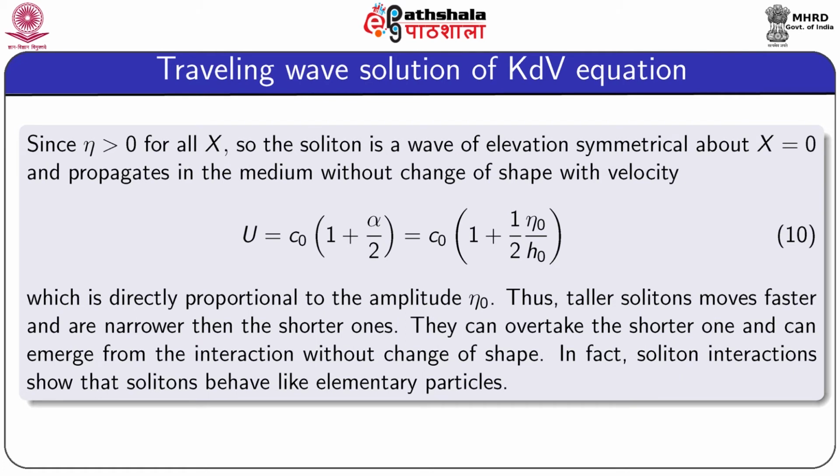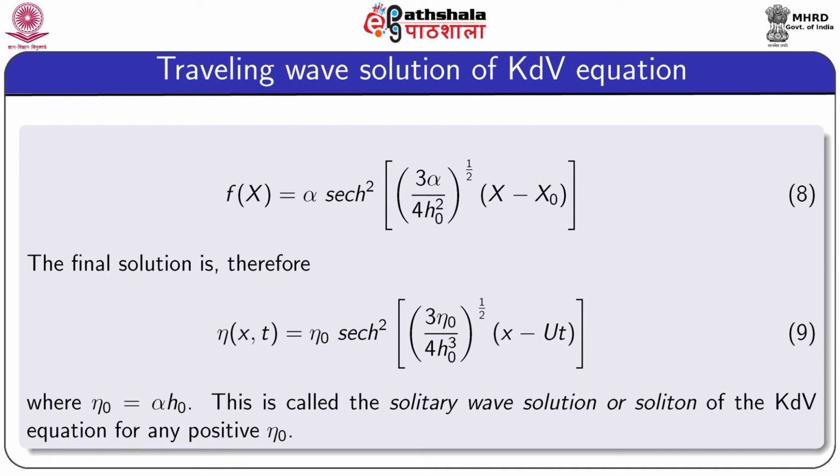And the width of the soliton, which you can obtain from this, is (3 eta 0 by 4 H cubed) to the power minus half. That means, therefore, the width of the soliton is inversely proportional to the square root of eta 0.